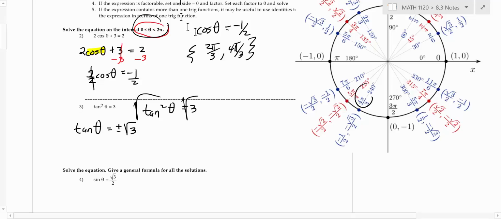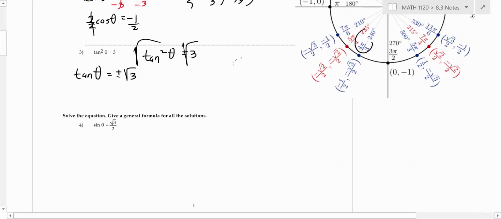Okay, so here's what happens on this one. Now this time I'm going to take this approach. I'm going to have you just draw a little diagram on there. So let's do a triangle in quadrant 1 just to start with. Okay, and kind of look at it like this. Sometimes I like to kind of vary the approach and get away from the unit circle. So you know that the tangent is y over x.